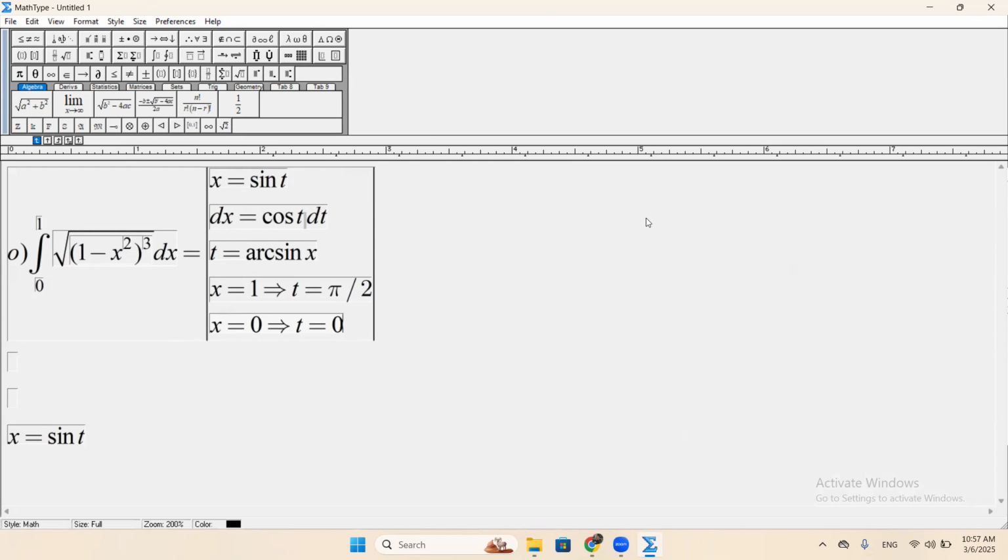So now let's calculate the new integral.